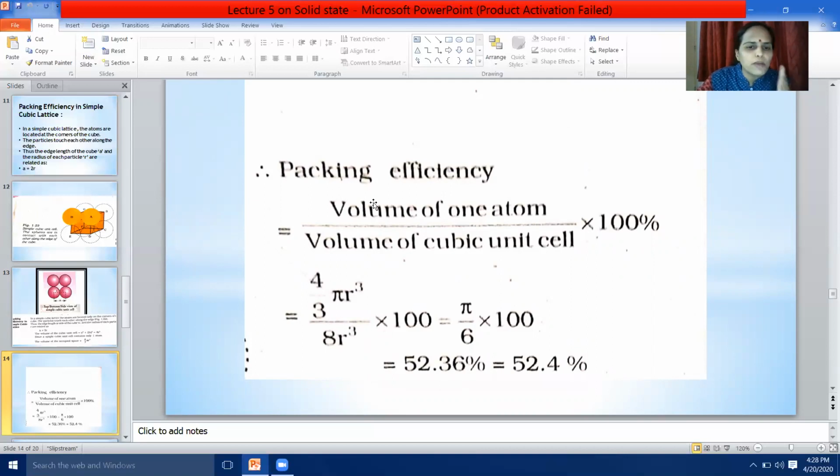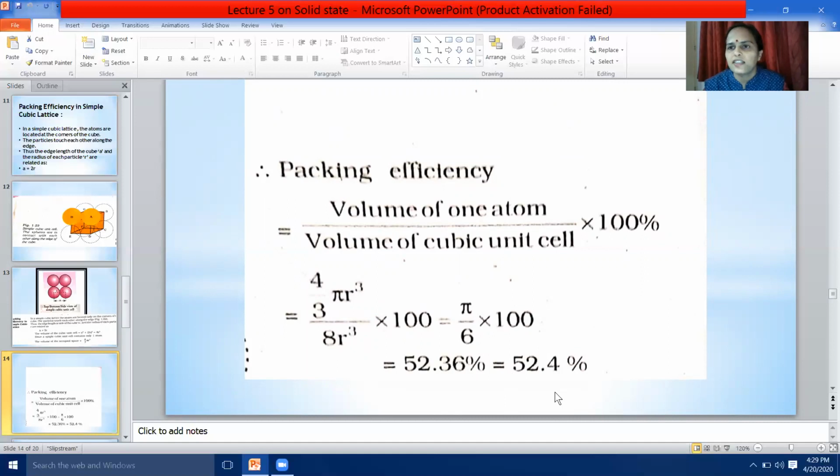On solving it by putting the value of pi as 3.14 or 22 by 7, I get the packing efficiency in case of simple cubic lattice as 52.36%, that is equivalent to 52.4%. So 3 cases I dealt with. The first case was HCP or CCP lattice.